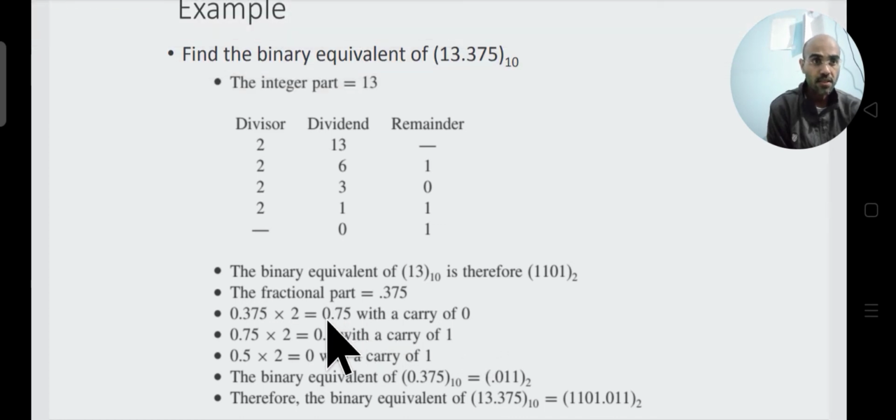Now after taking this, whatever is left, we again multiply with the base. If we take 0 from this, the remaining number is still 0.75. Again we multiply this 0.75 with our radix, which is 2.